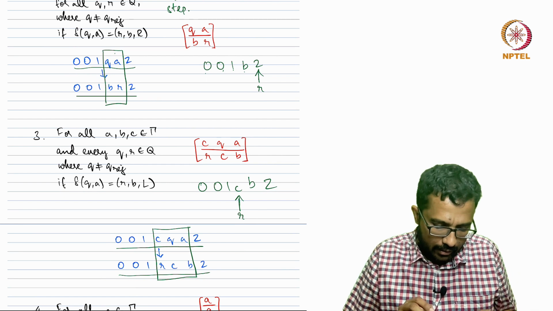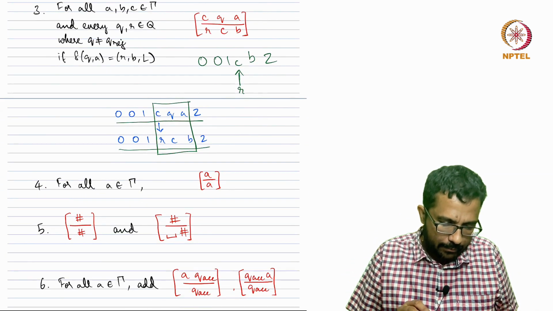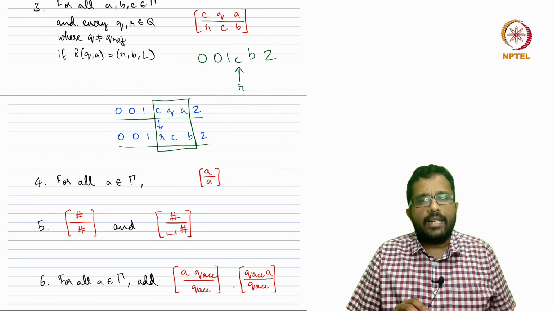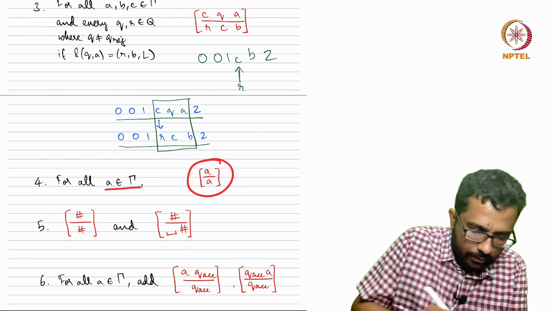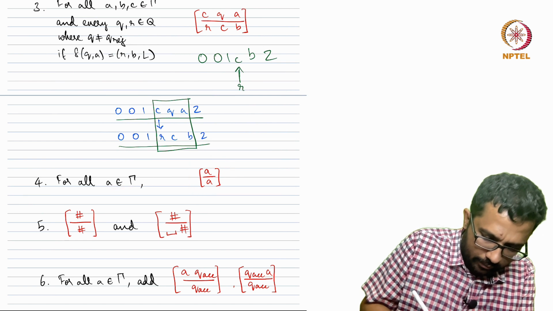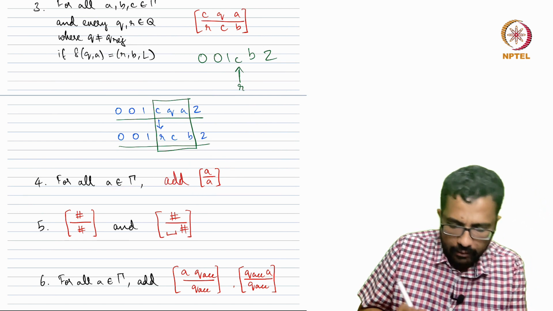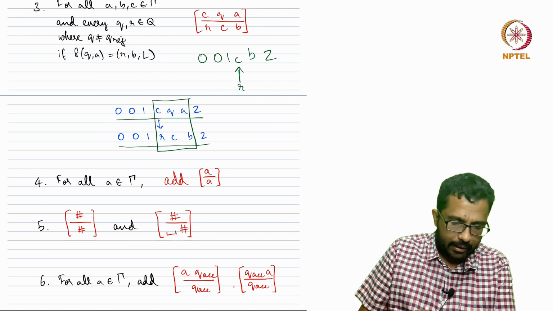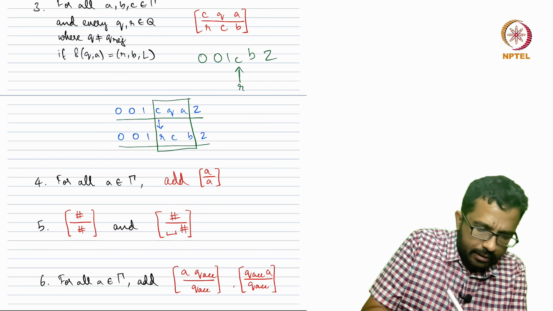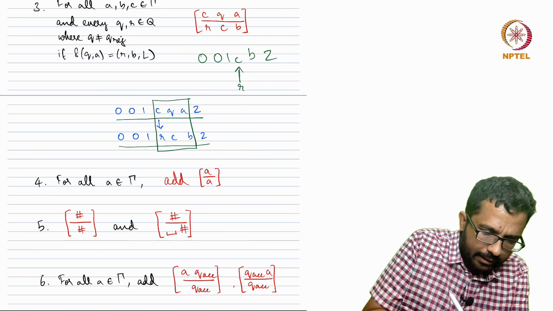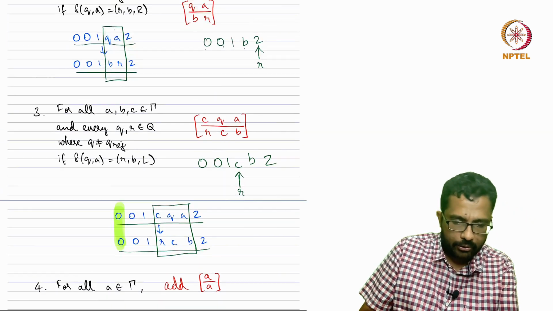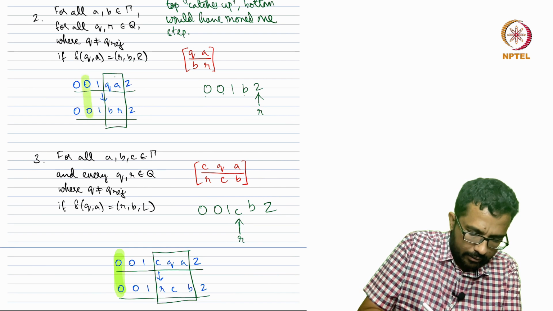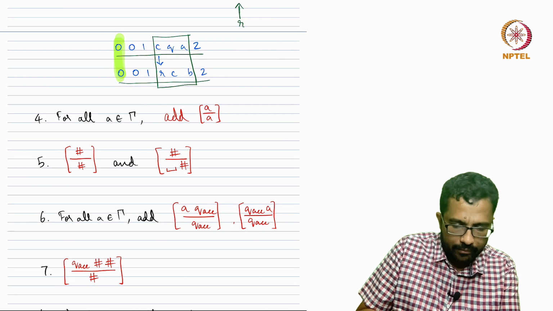Now the rest of the dominoes are fairly simple. For any symbol A, we add this domino where A is on the top and the bottom. This is for the symbols that are the same on the top and the bottom, like 00 on the top and 00 on the bottom over here, etc. That's why we have this.